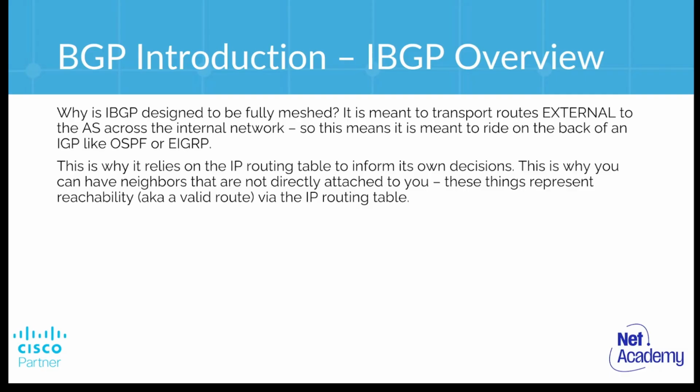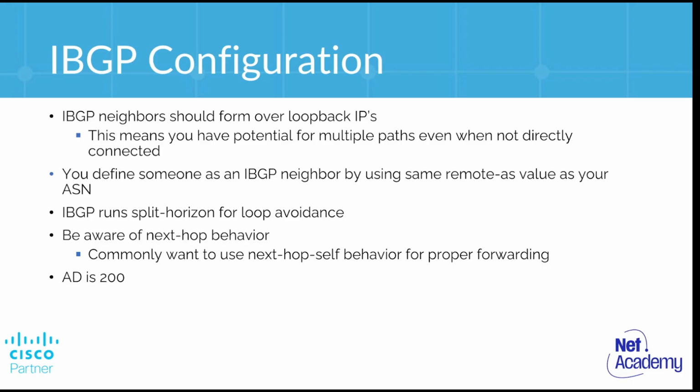Let's dive a little deeper. So at a high level, I recommend if you're going to run IBGP, that the neighbors should probably form over the loopback IPs, not interface IPs. It'll always default to the interface IPs. But I like all my routing processes to have a router ID. I like to tie that router ID to a loopback interface.